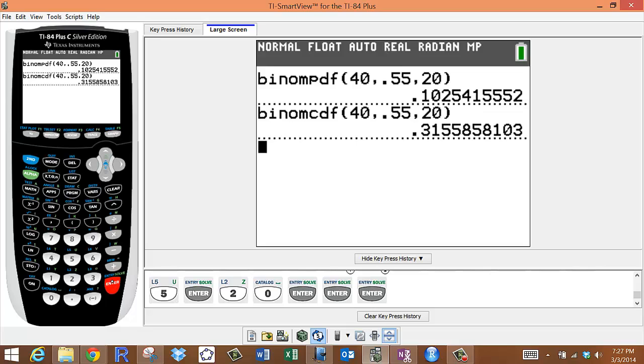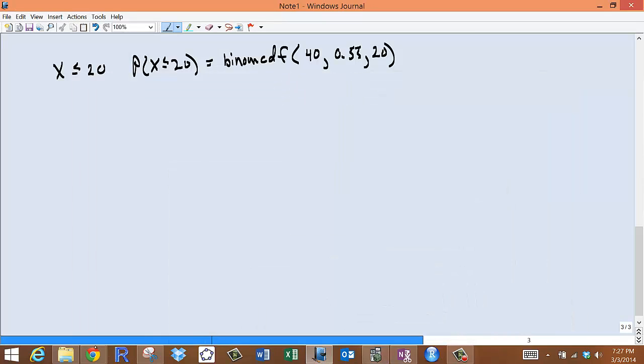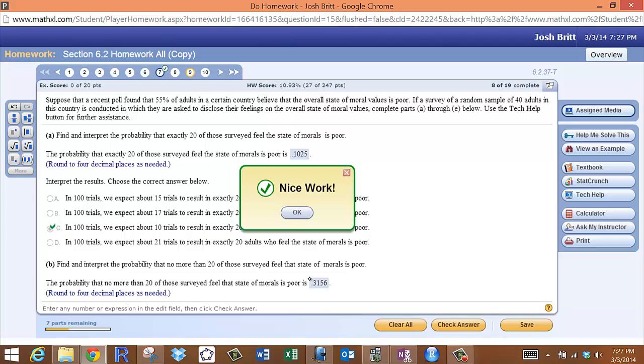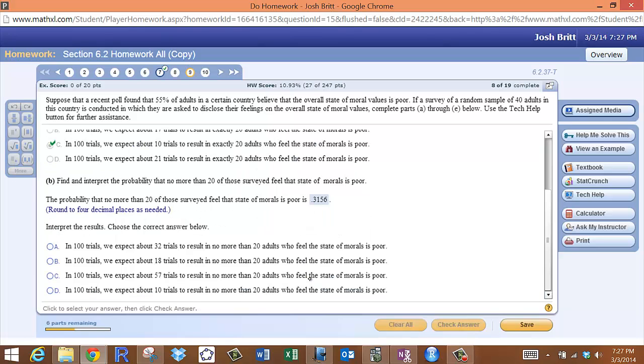So we get 0.3156. Okay, and then here we'll expect about 32.